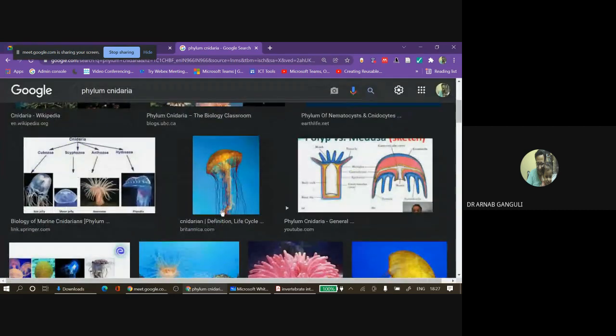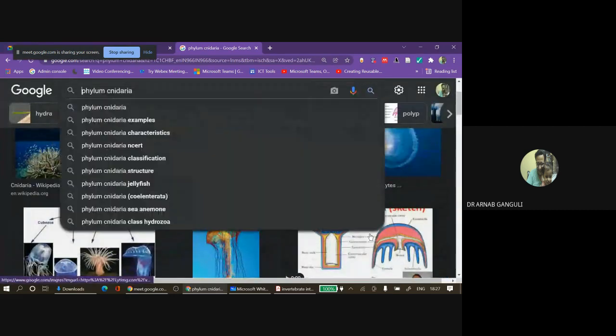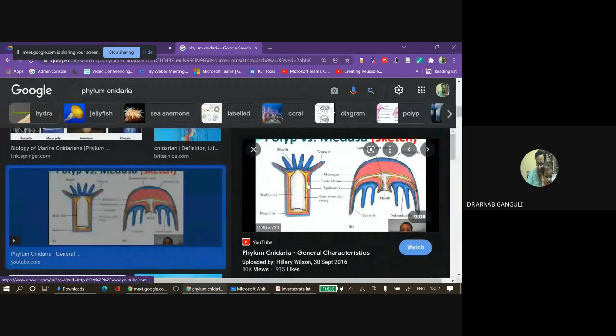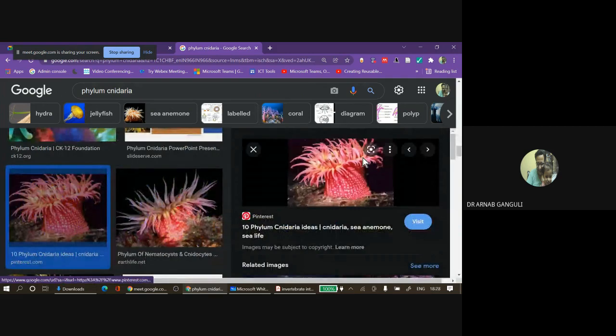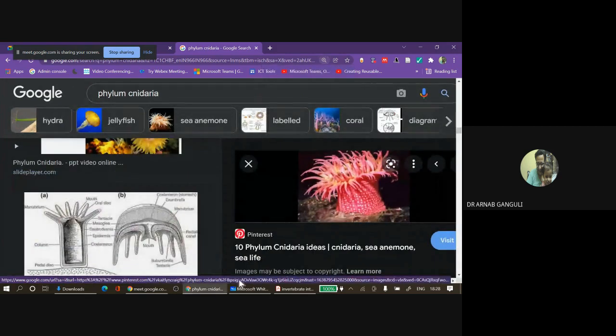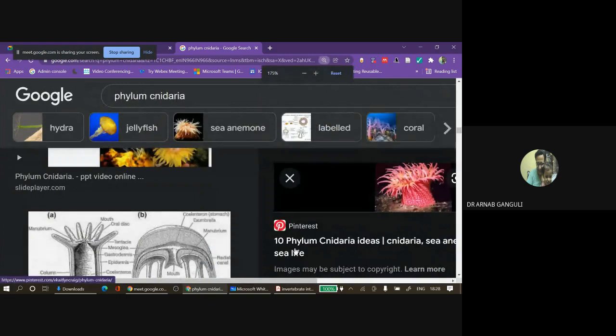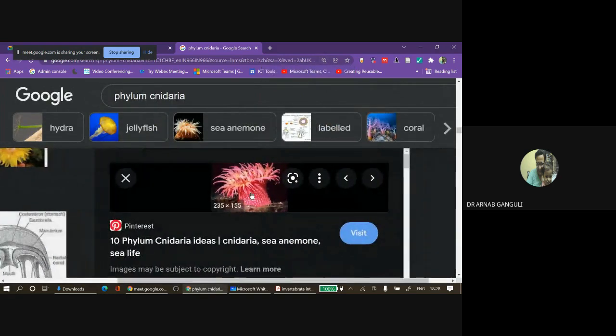The jellyfishes. In this picture, you see this stage over here. This stage is the polyp stage, and this is the medusa stage. The polyp stage you can see in Hydra. This you can see in the jellyfishes. They are beautiful. This is a beautiful picture of a sea anemone.